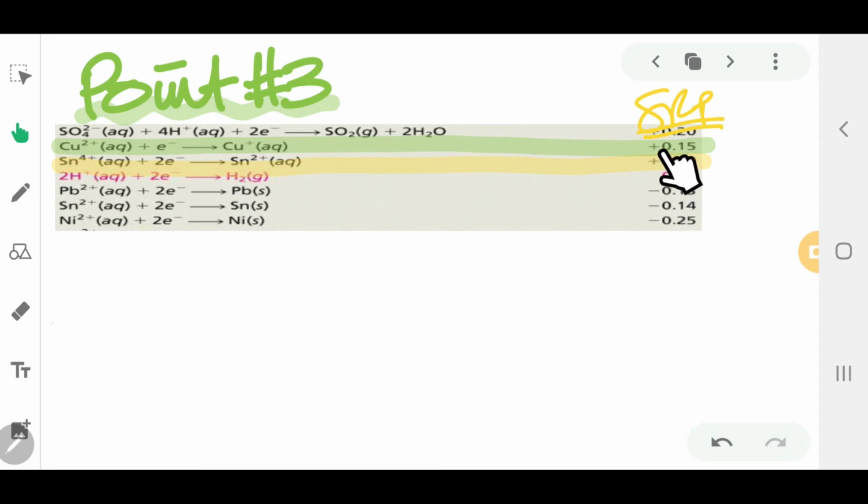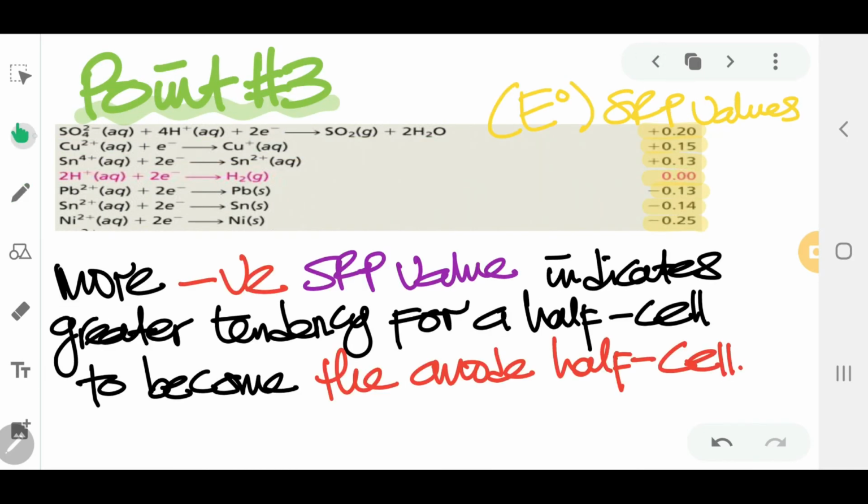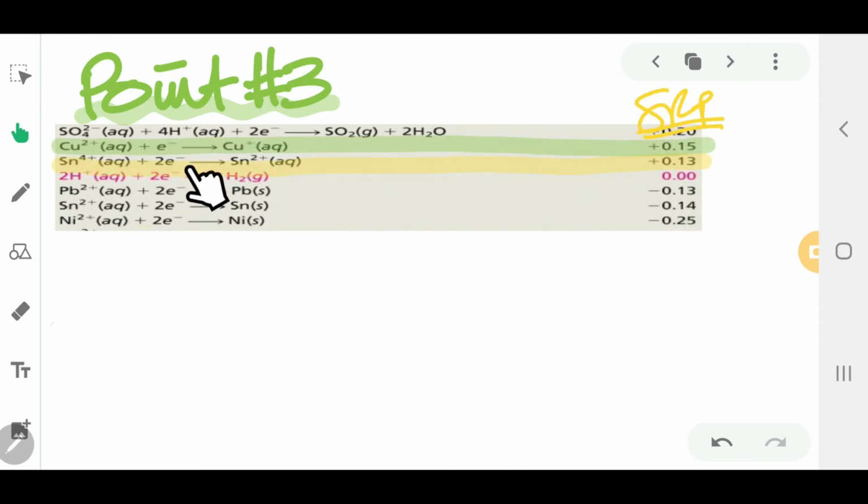So between plus 0.15 and plus 0.13. Plus 0.13 is more electronegative value if you compare with plus 0.15. So according to what we have learned in here, more negative SRP value indicates greater tendency for a half cell to become the anode.